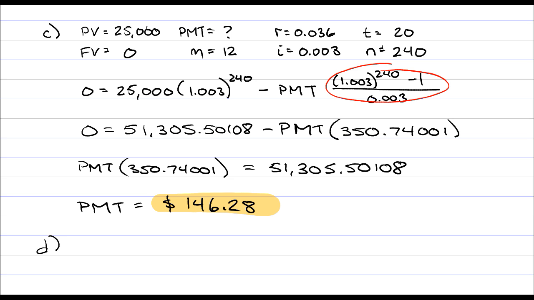But in Part D, we want to know how much she pays back total over the course of the 20 years. So she makes payments of $146.28, 240 payments, and in this case, we get $35,107.20. So she'll pay back more if she takes longer to pay the loan off.